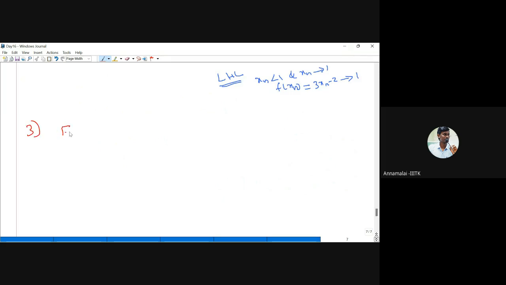So find the limit as x goes to a of f of x, where f of x is defined as follows. If 0 is less than x less than a, in this interval we define f of x as x square by a minus a.